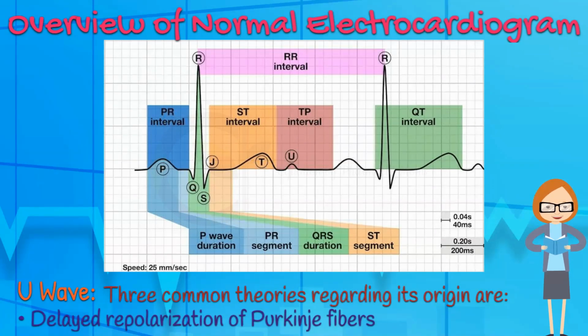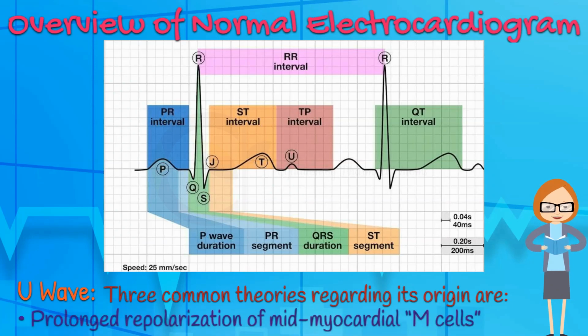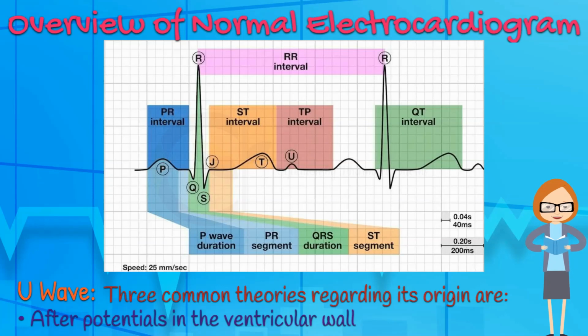Three common theories regarding its origin are: delayed repolarization of Purkinje fibers, prolonged repolarization of mid-myocardial M cells, and after potentials resulting from mechanical forces in the ventricular wall.